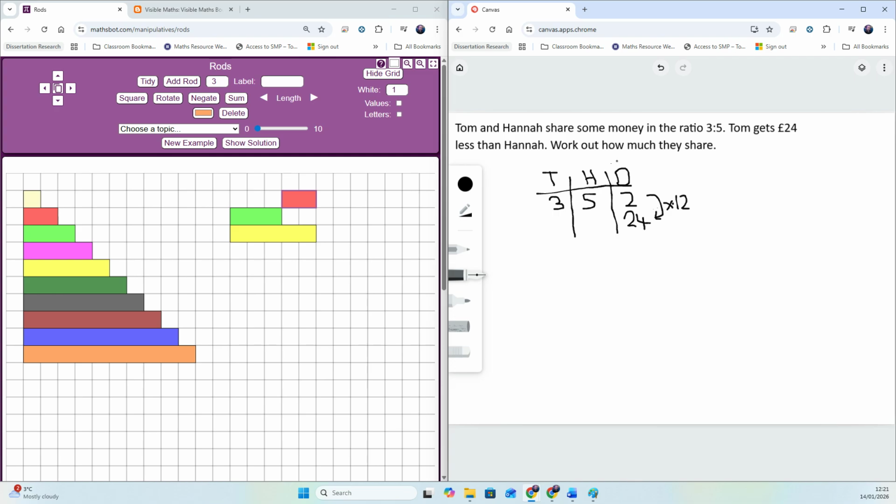But we can also see that relationship, that this Hannah's share in this case is 5/2, or 2.5 if you want to turn into a mixed number, but 5/2 the size of the difference.